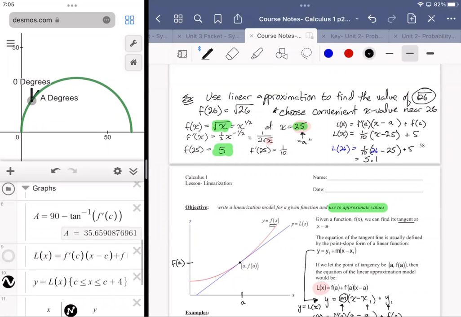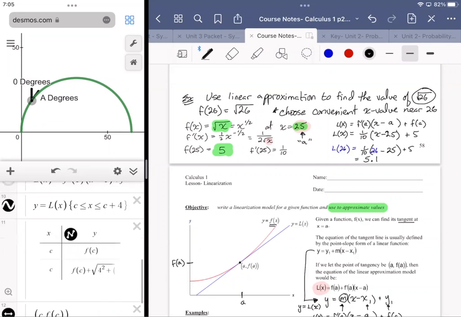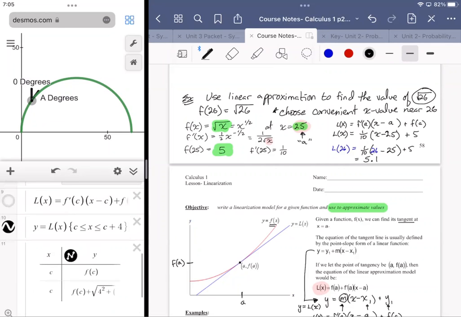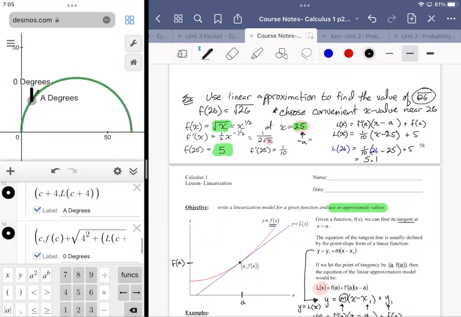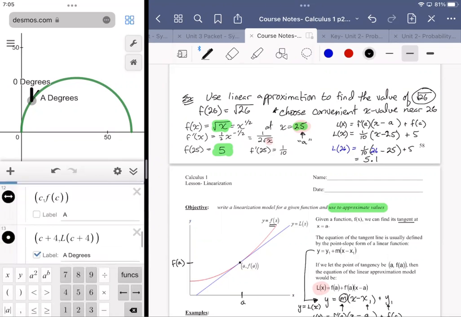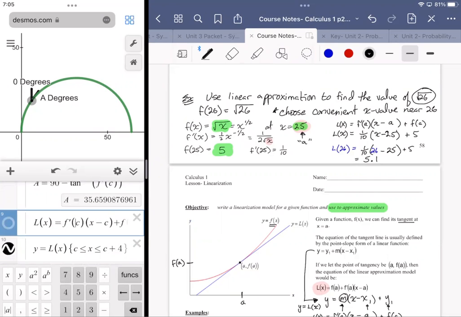So what I did was an inverse tangent on the slope, which gave an angular measurement. But that slope came from the function itself, which I linearized using this very process. You see f prime of c, I use c instead of a, times x minus c, and off the screen there is plus f of c. Then I had to put some other parameters in there. It was involved, but the heart of the whole process was the linearization model.